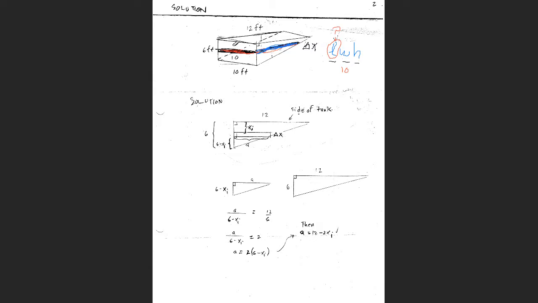Again, what I'm doing is talking about this sliver of water here, this ith layer of water here. What's the height of the ith layer of water? Well, 6 minus xi, Kahindi, is the distance that ith layer of water is from the top of the tank.